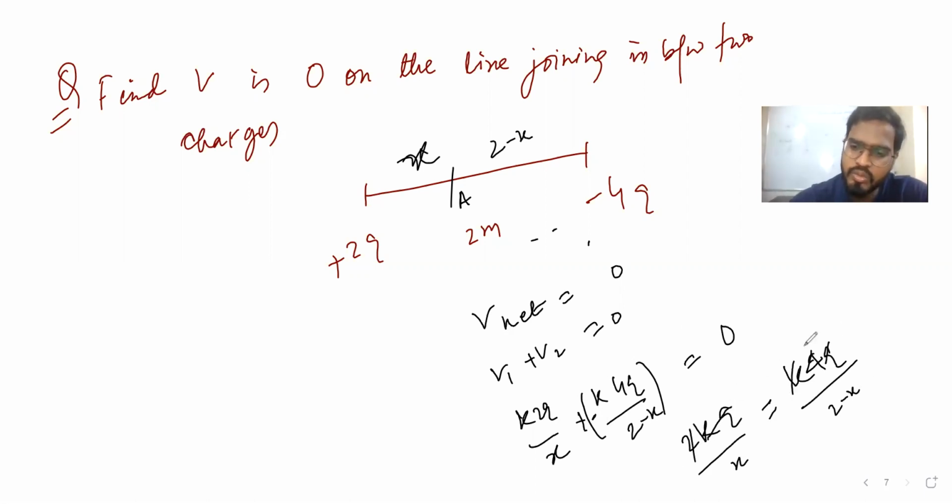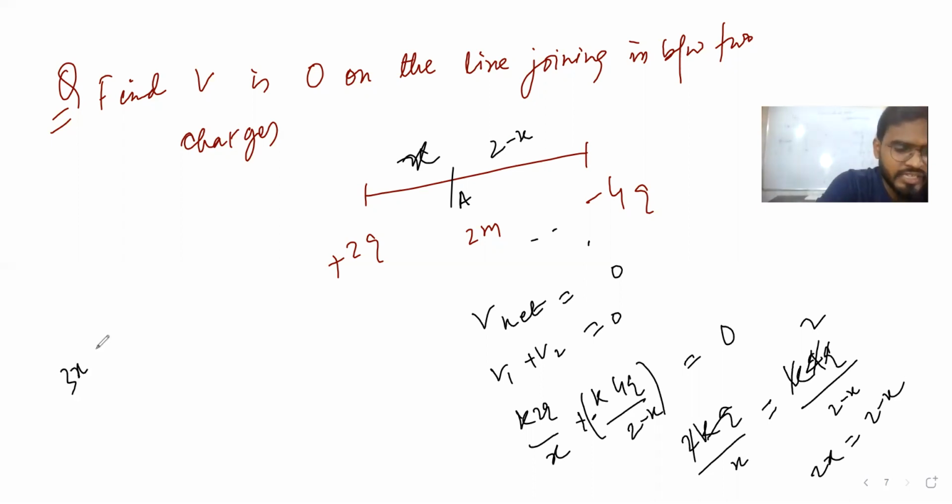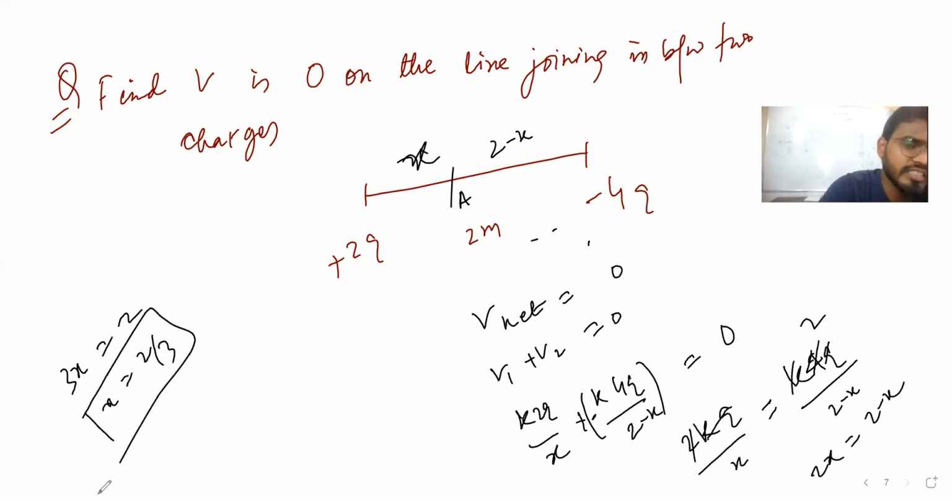KQ cancel out, 2 and 4 gives 2, so 2x is equal to 2 minus x. Now it will come this side, so 3x is equal to 2, x is equal to 2 by 3. That's it, we found. The potential is 0 at x equal to 2 by 3, somewhere here nearby the charge which has less magnitude.